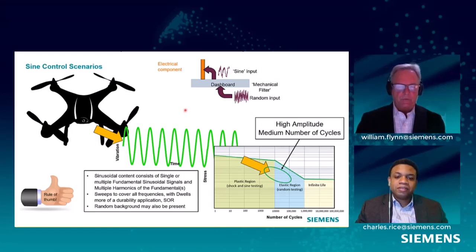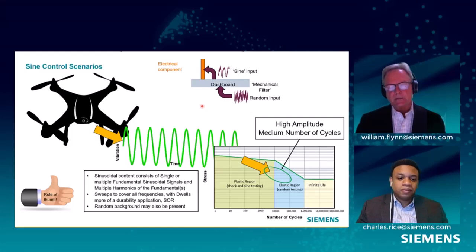According to what we typically use for these applications, the military standard MIL-STD-810, they tell you to do these dwells at the operational frequencies, but you have to know what those are, and then they give you some guidelines on what kind of amplitudes and how to apply those as far as duration and some of the test setup parameters. So that's how you would use sine dwell.